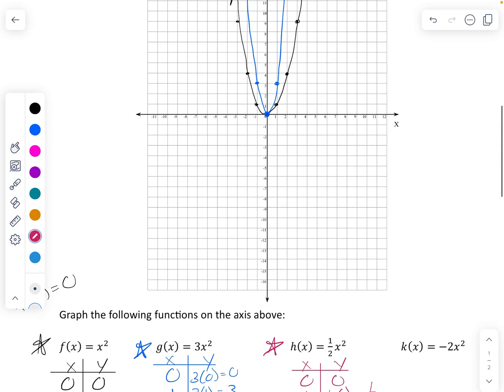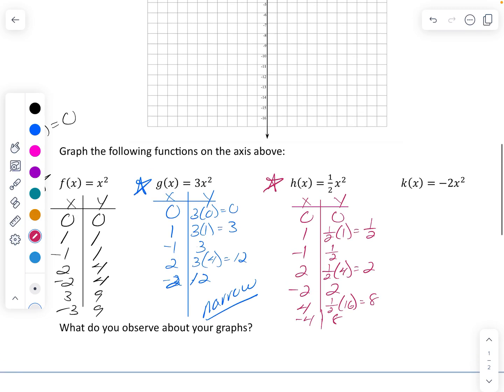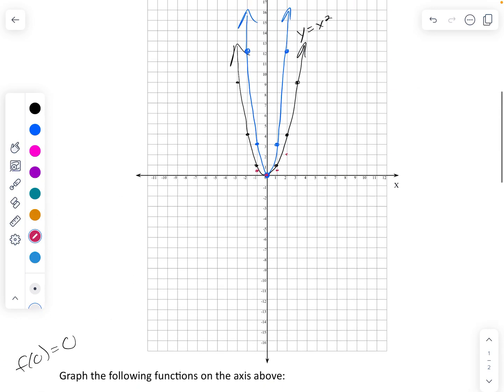So let's see. 0, 0. 1 is 1 half. We'll plot that. 2 is 2. And then 4 was 8.